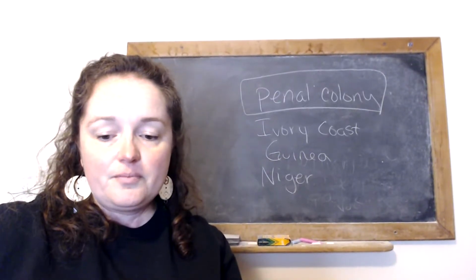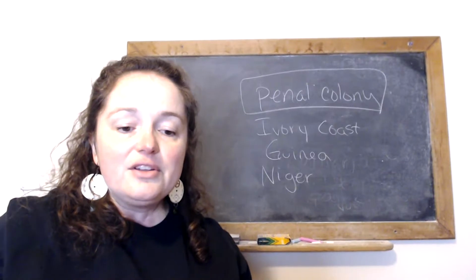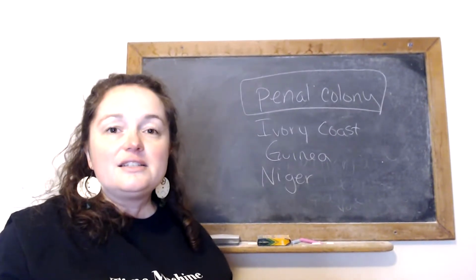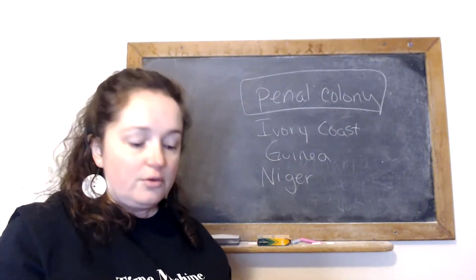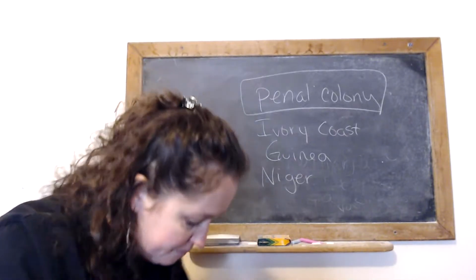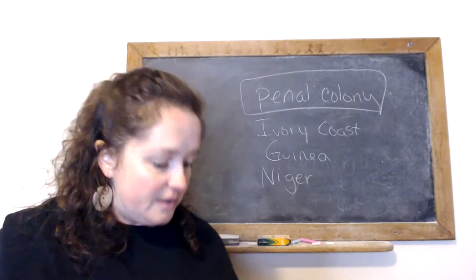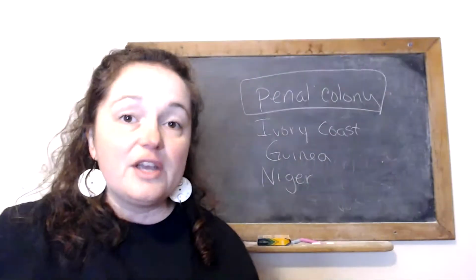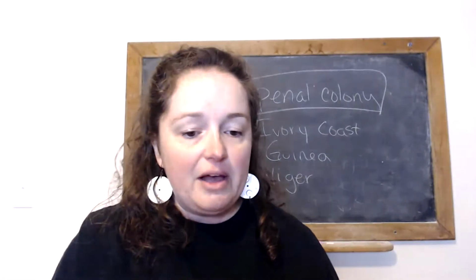Remember, during the imperialism time, it's not as much about sending settlers as it is getting the raw materials. That's more important. But they do send settlers, and we do have migration, which we'll talk about in a little bit.